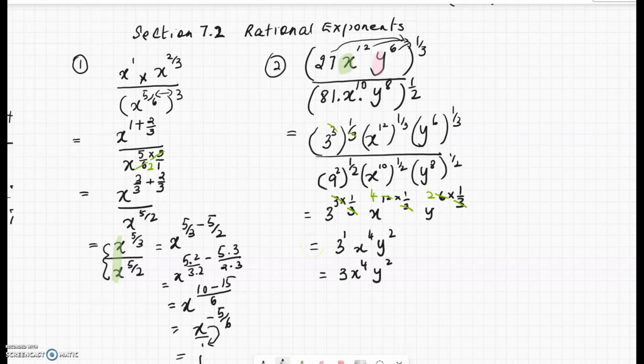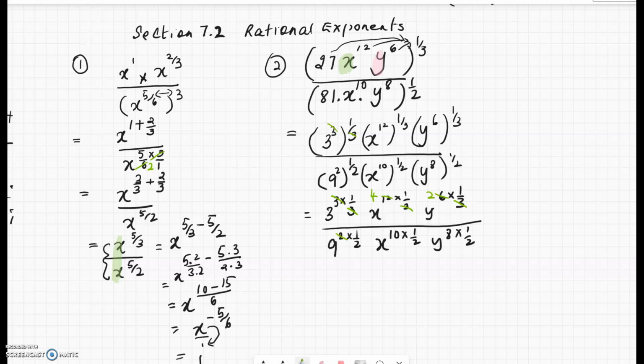That's the numerator. Sorry, I should have written the denominator as well. Let me just erase this. Let's do this step by step. And this is 9 to the 2 times half, x to the 10 times half, y to the 8 times half.